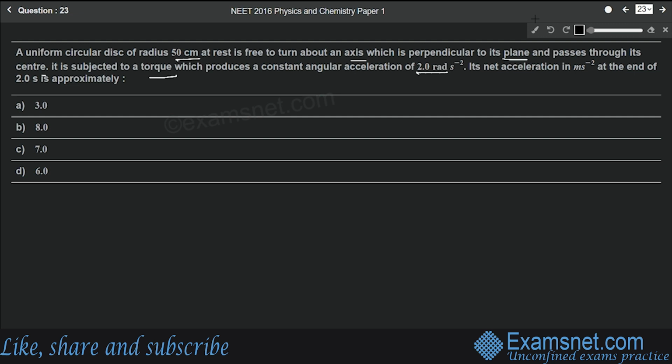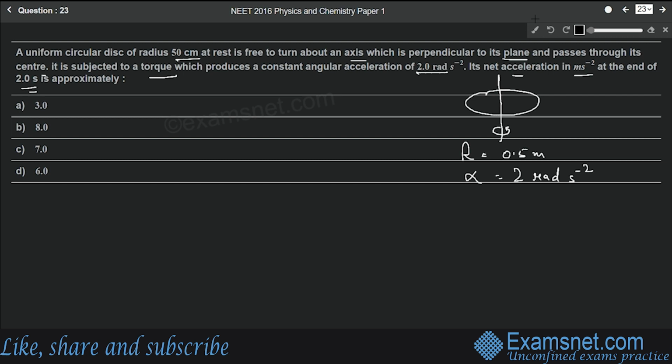Its net acceleration in meter per second square at the end of 2 seconds is approximately. So we have a uniform circular disc rotating about an axis passing through its center and perpendicular to its plane. The radius of this disc is given as 50 centimeter, so it can be written as 0.5 meter. Then the angular acceleration, that is alpha, is given as 2 radian per second square.